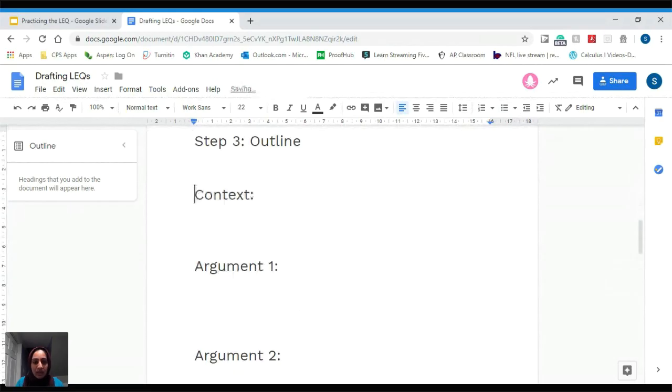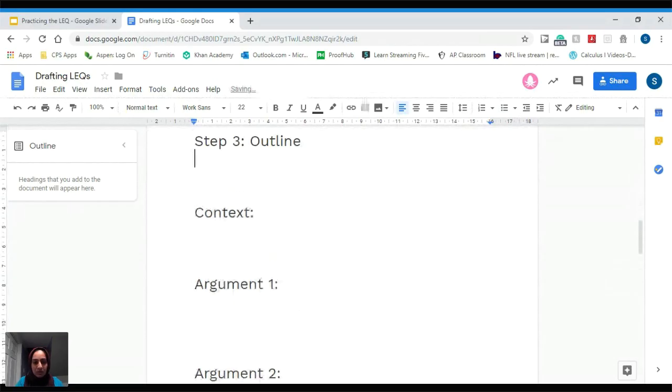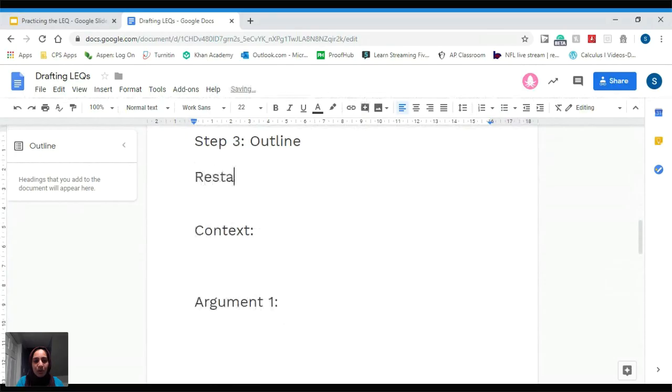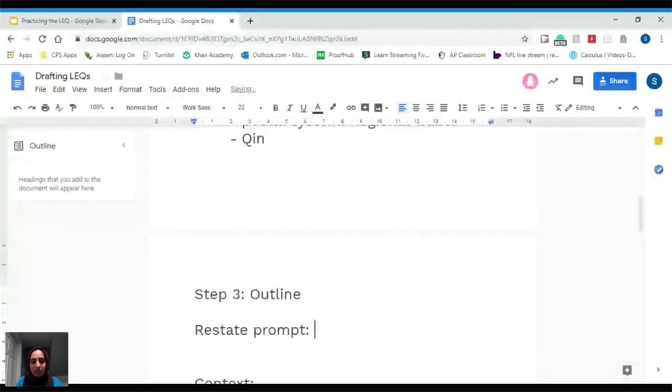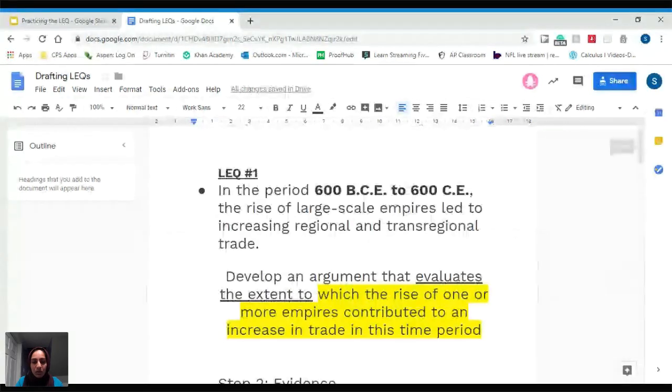I also forgot, you want to restate the prompt. And you might want to do this before you even list your evidence, because it makes it easier. So let's restate this prompt. It says, develop an argument that evaluates the extent to which the rise of one or more of these empires contributed to increase in trade.